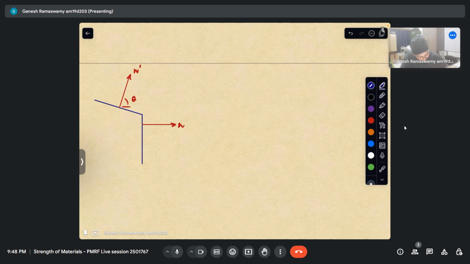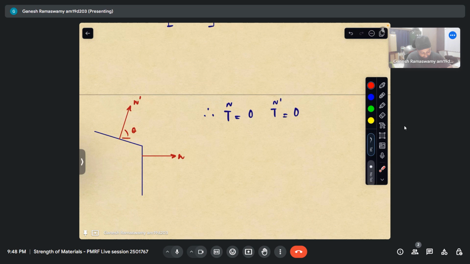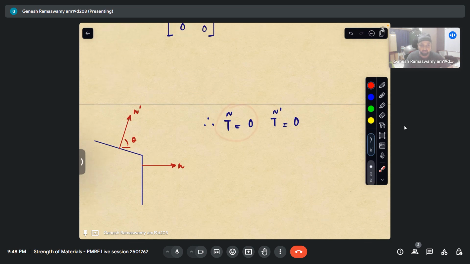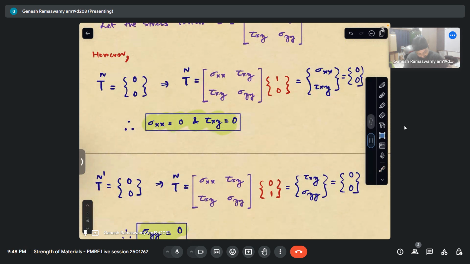So again, we can see that these two are free surfaces. So therefore, again, Tn is 0 and Tn prime is 0. Since the normal n still is the same, whatever results we got based on this still holds. So let me just take that quickly.